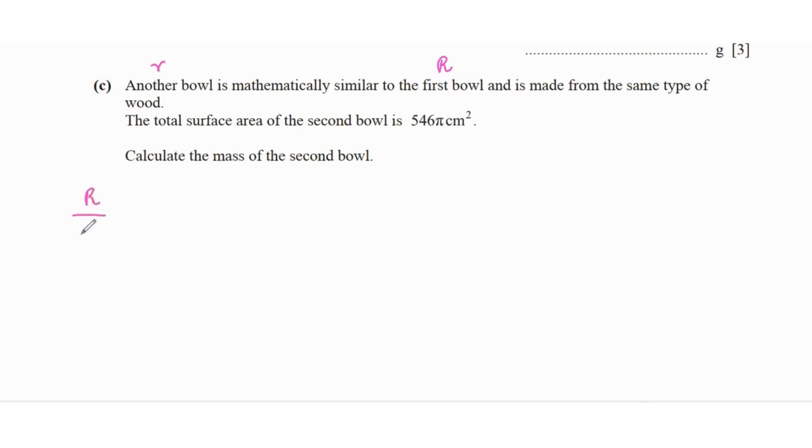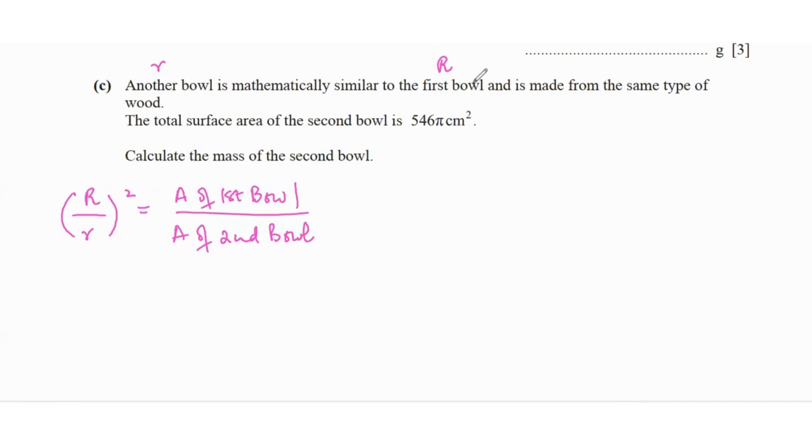So capital R over small r, whole squared, equals the area of the first bowl divided by the area of the second bowl. This is a condition for similar shapes: the square of the ratio of the lengths of the shapes equals the ratio of their areas.